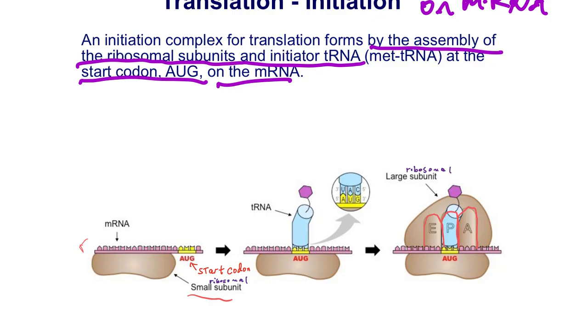And you can see that the tRNA is housed in the middle chamber, the P chamber. Okay, look, AUG is the codon, right? For the start, it's called the start codon, like I said before. If you look at the genetic code, the amino acid would be met.